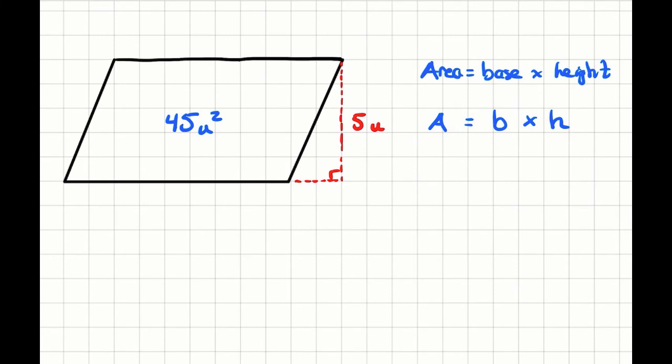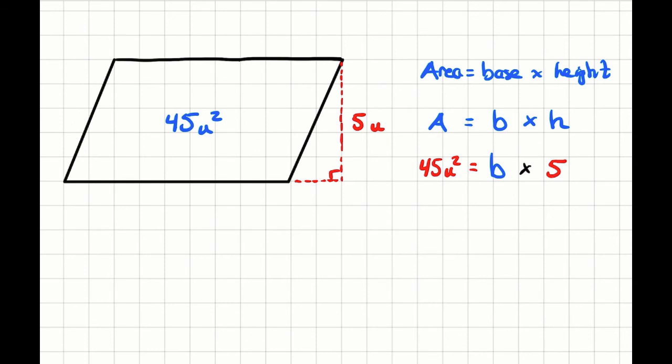If I only had 1, I wouldn't have enough. I need exactly 2 pieces of information in order to solve for a third. In this particular situation, I know that my area is 45 units squared. I do not know my base. And I know that my height is 5.